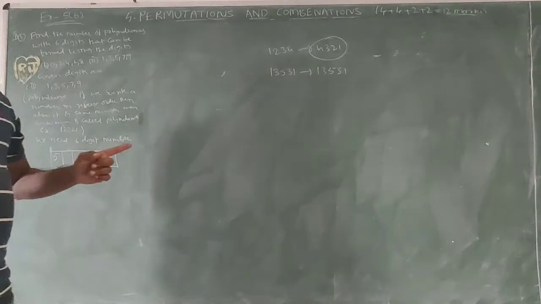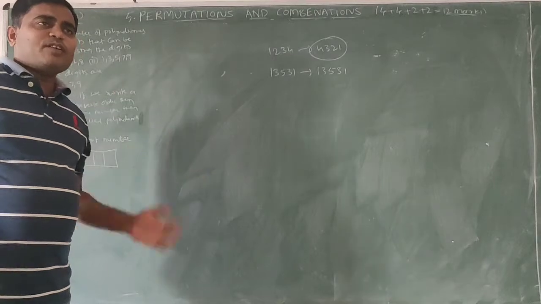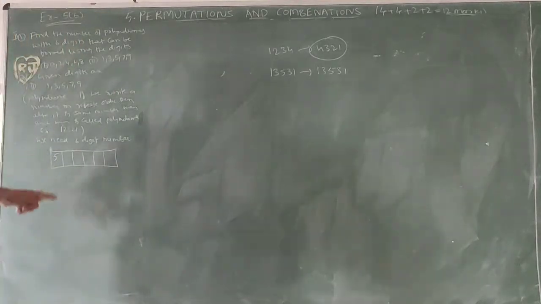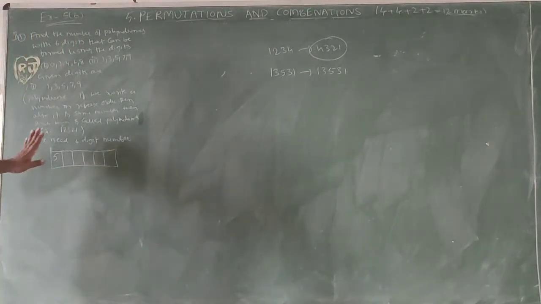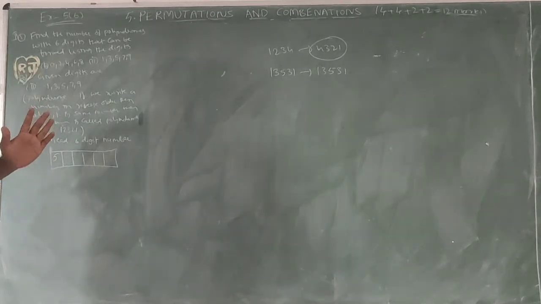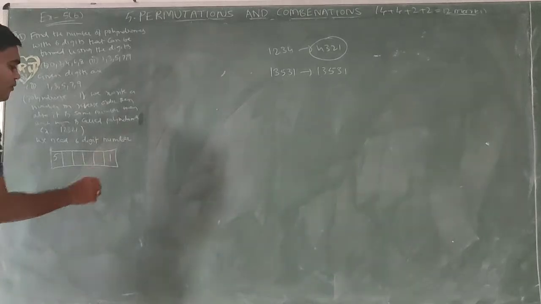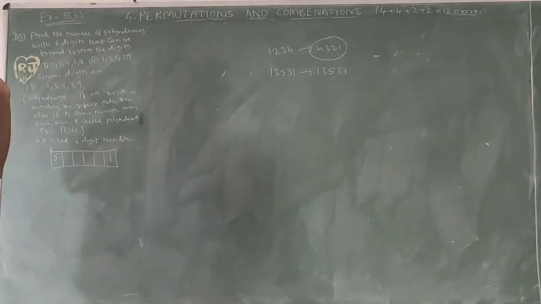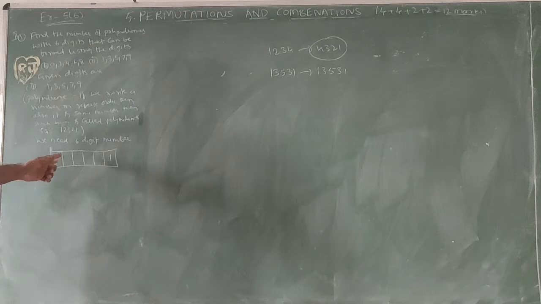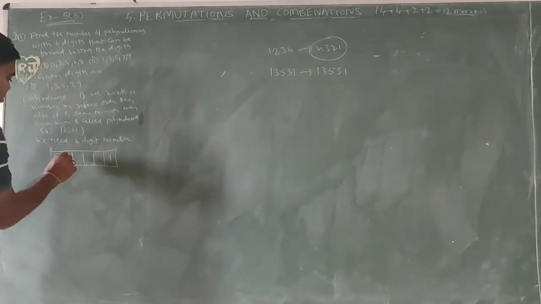But we know for a palindrome number, whatever the first digit, the last digit is also the same. Whatever the digit is here, for this we have 5 choices, but here only one choice. Whatever is here, simply we write here. For the second digit, again we have 5 choices.